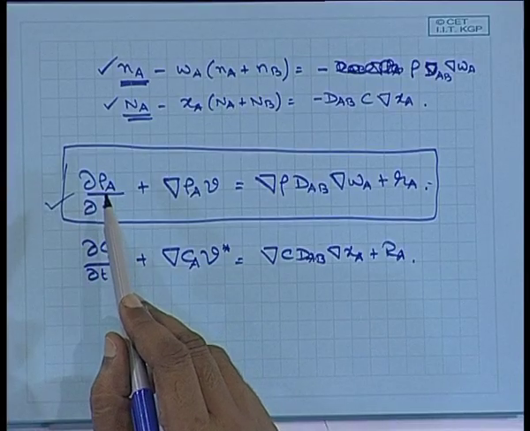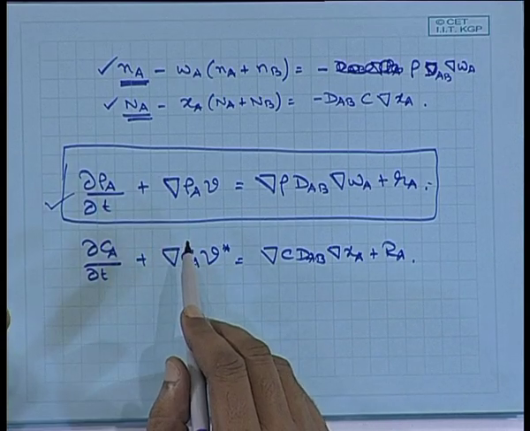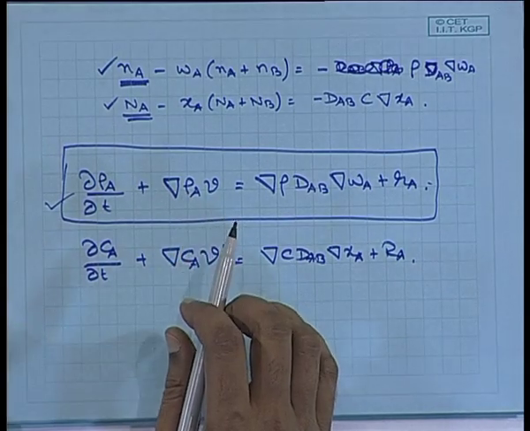Because we generally find out what is the mass average velocity. We do not in general deal with molar average velocity. Mass velocities are easier to calculate, easier to measure. So, that is why this equation has more relevance in engineering calculations compared to the other equation which uses molar velocity. Apart from that, there is no difference.